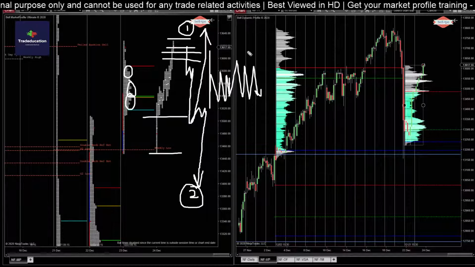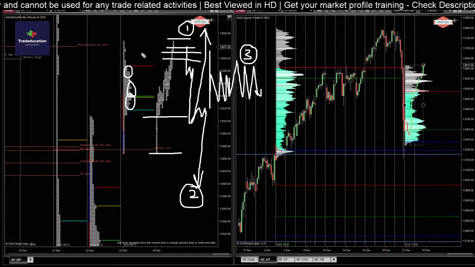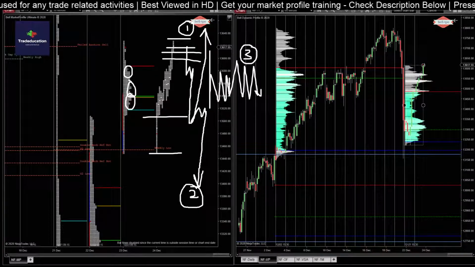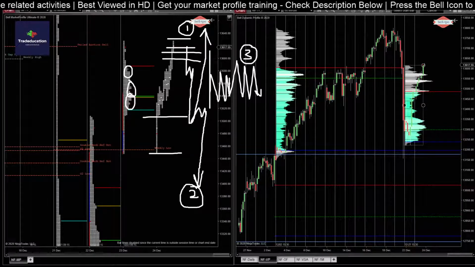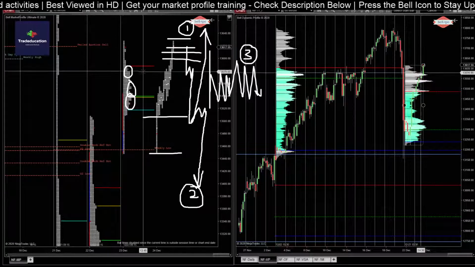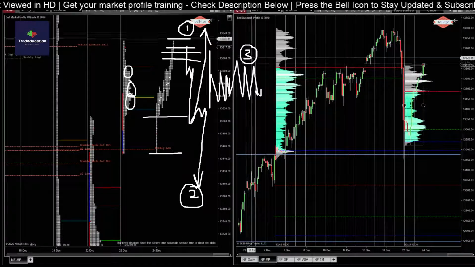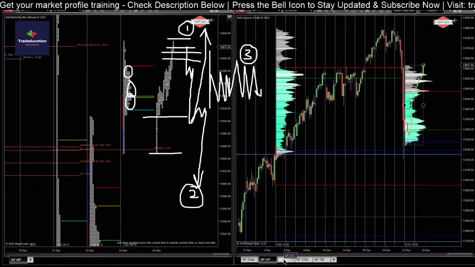So these are the three auction development paths which I'm looking at to develop today. Okay, so we might be seeing a flat opening. So path number one, path number two, and path number three. I'll be looking at path number three as the one that is more likely to develop.